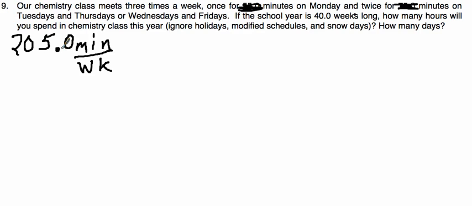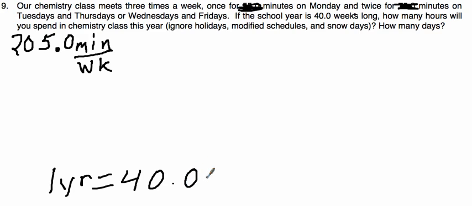Reading the second sentence again, if the school year is 40 weeks long, sounds kind of like a conversion factor. How many hours will you spend in chemistry this year? If the school year is 40.0 weeks long, it's kind of nifty. Anything you can rationalize, you can turn into a conversion factor. So we have 1 year is 40 weeks. Maybe we can use that.